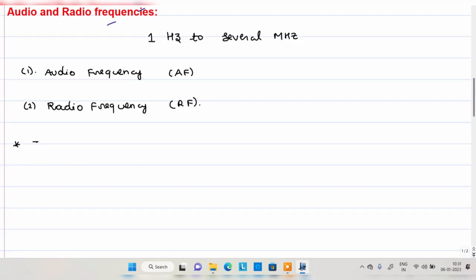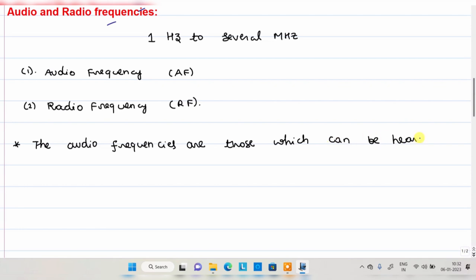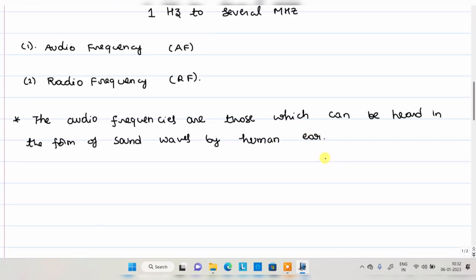So the point here is the audio frequencies are those which can be heard in the form of sound waves by the human ear. Okay, next one.